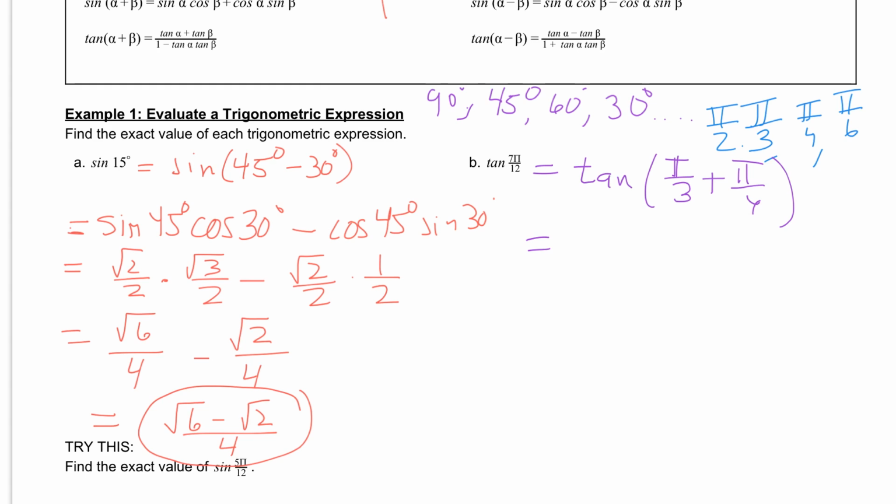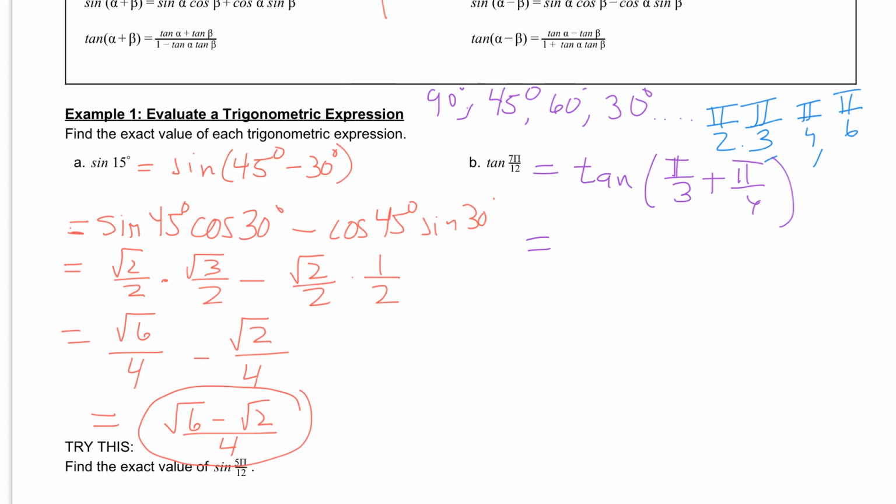Then once we have this, we want to do the tangent of pi over 3 plus pi over 4, which is a sum identity. So let's take a look at that tangent sum identity, which is right here on the top. And we have the tangent of alpha plus the tangent of beta on the top.